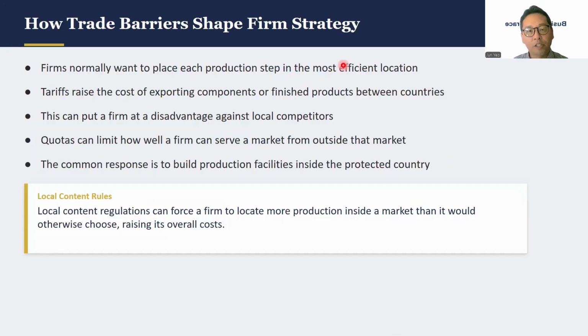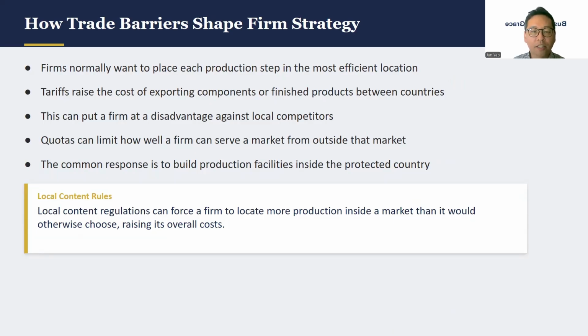Let's talk about the first managerial implication, how trade barriers shape firm strategy. In an ideal world, a firm wants to place each part of its production process everywhere it can be done most efficiently. It might design a product in one country, make components in another, and assemble a final product in a third country.